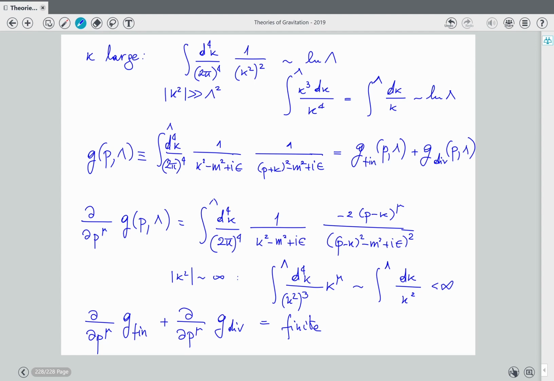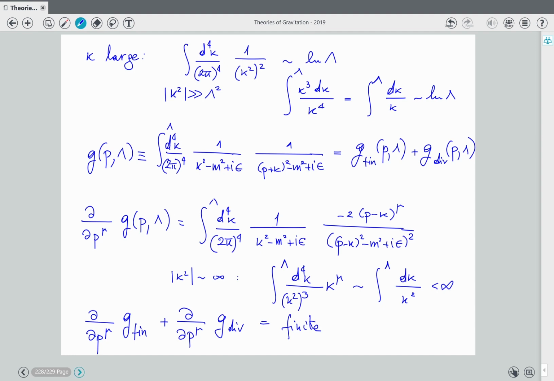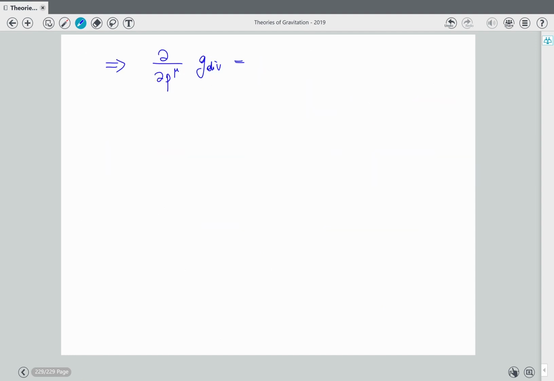But that means that the derivative of the divergent part is not divergent, it is finite. So if we isolate the divergent part by saying it is logarithm of lambda times some function of p, after a derivative that should disappear.